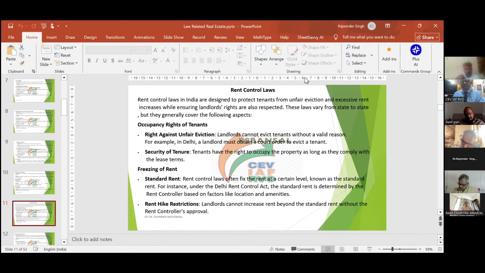So now here we will discuss what basically the Rent Control Act is. It controls or protects tenants from unfair eviction and excessive rent. The main aim of this act is to prevent tenants from unfair eviction and excessive rent.